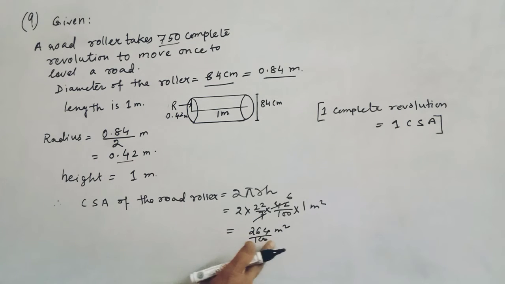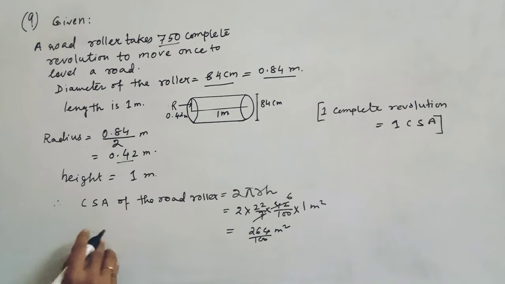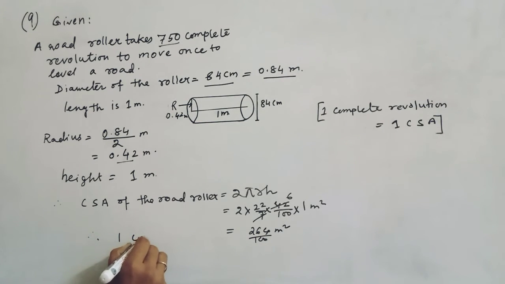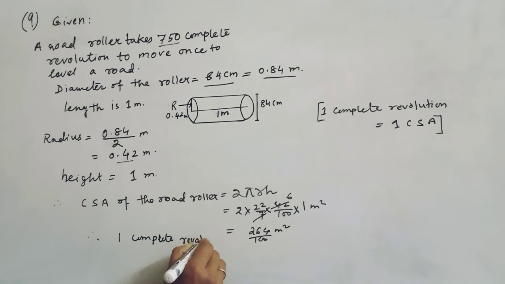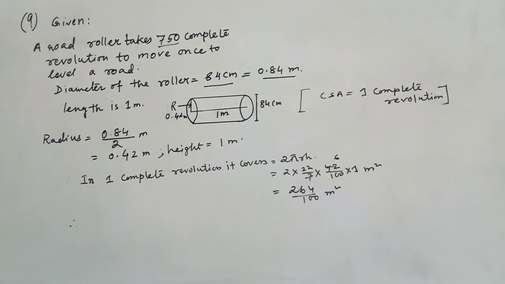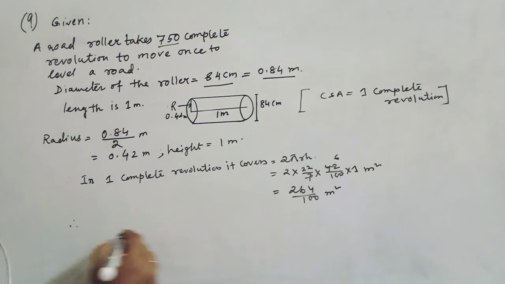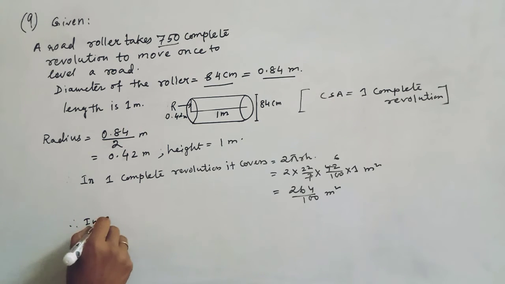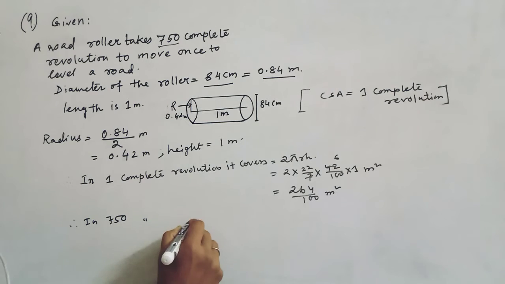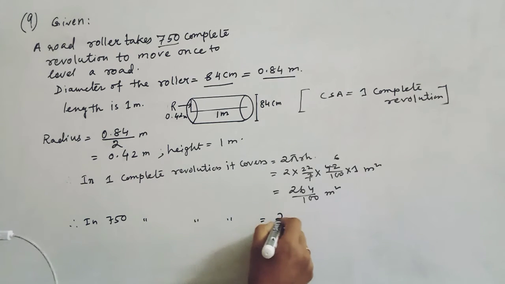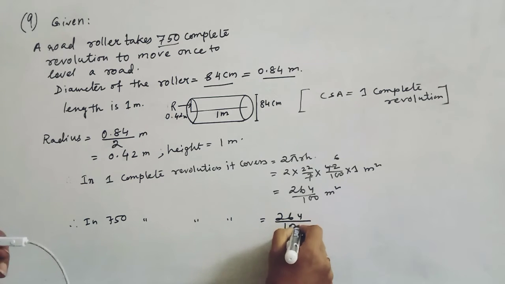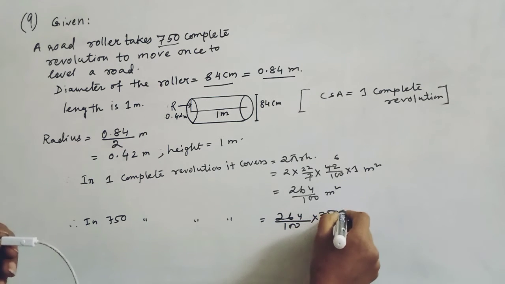So in one complete revolution it covers 264 by 100 meter square. Therefore in 750 complete revolutions it covers 264 by 100 into 750 meter square.